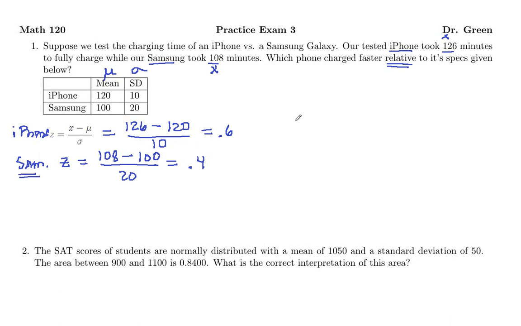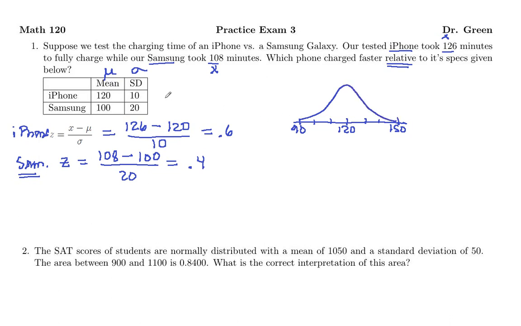And just to give a picture of what's going on, the iPhone distribution looks like this. We've got 120 in the middle, and then 1, 2, 3 standard deviations to the right, 1, 2, 3 to the left. Each standard deviation is 10, so 130, 140, 150, and 110, going out to 190. The distribution looks something like this.